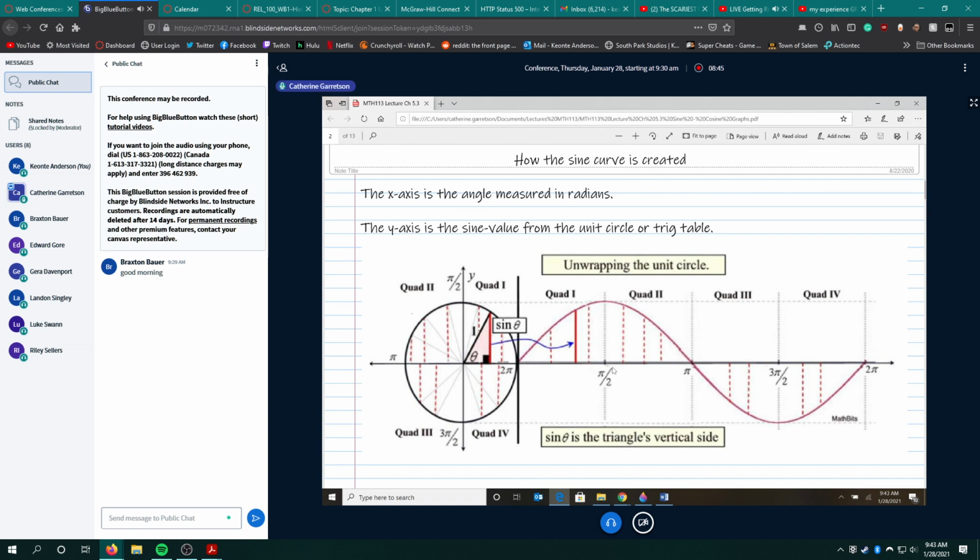You can think of your input along the x-axis as your angle, but the y-coordinate, or how high this goes, comes off the y-coordinates along each point in the unit circle. So remember, the sine graph is the y-coordinates of each of those terminal points. So for each angle, it's graphing just the y-coordinate.